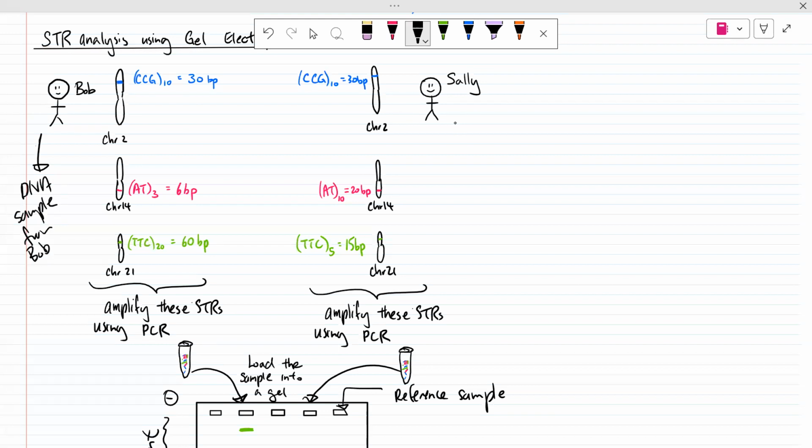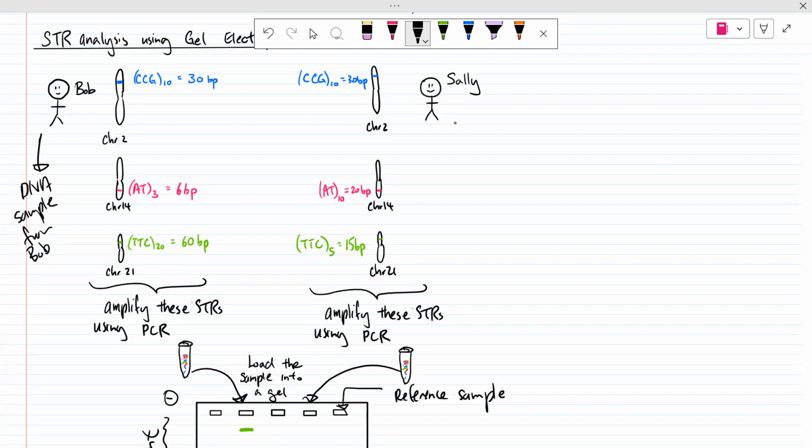By that I mean you can swab his cheek, like with those COVID swabs, and collect his cells. So you have all of his DNA. But we're not going to load all of his DNA. If you load all of his DNA, you're not going to see anything. You have to amplify specific sections.